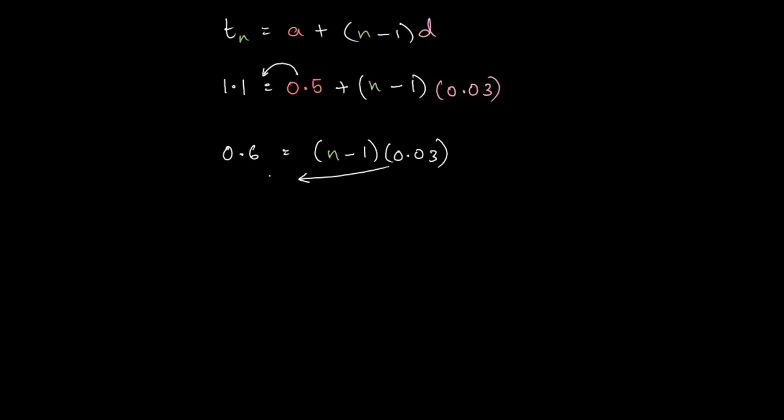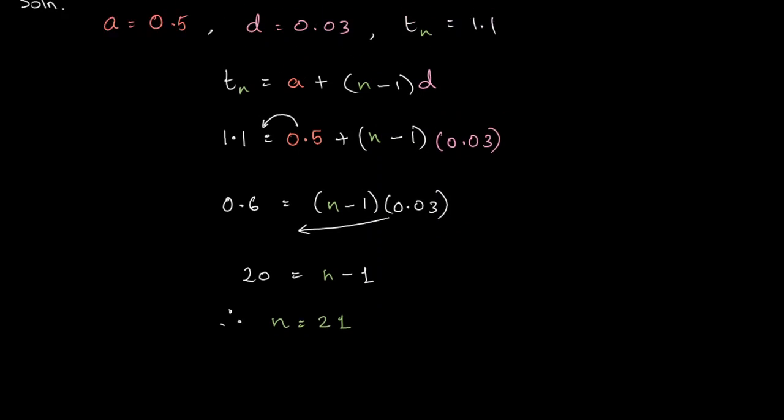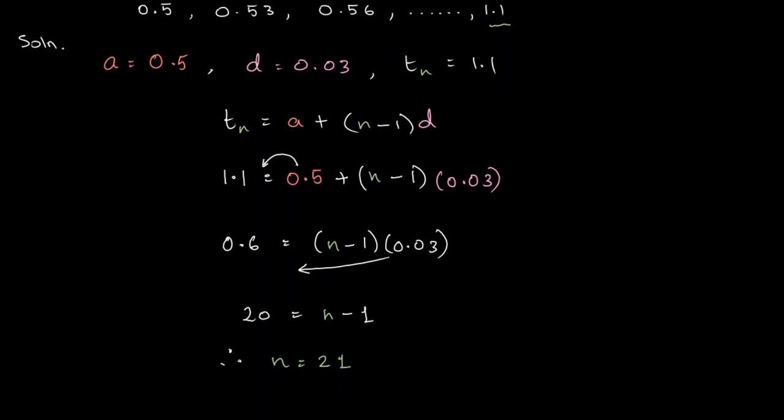So 0.6 divided by 0.03 is 20, which is equal to n minus 1. So if n minus 1 is equal to 20, I can conclude that the value of n will be 21.